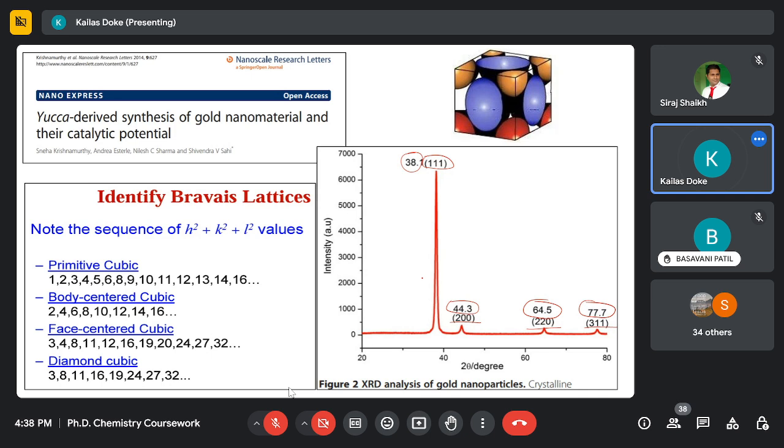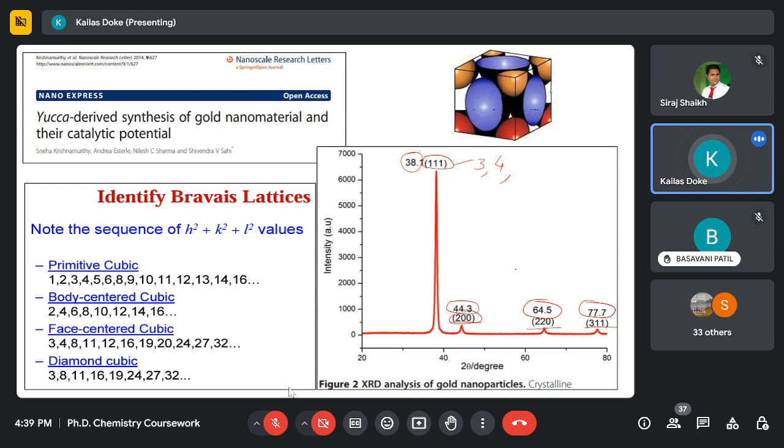So the 111 Miller indices indicate that the value of h square plus k square plus l square will be equal to 3. For 200, 2 square plus 0 square plus 0 square will be 4. For 220, 2 square plus 2 square plus 0 square will be 8.